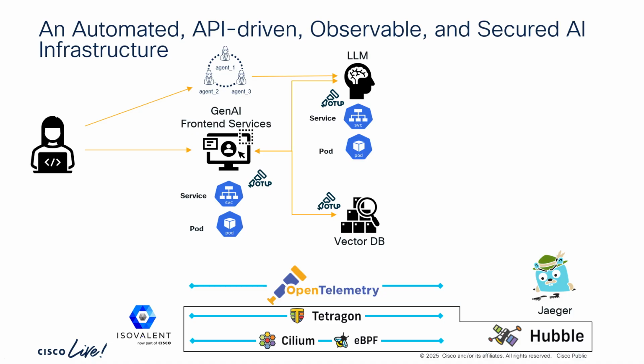And so when we take a look at some of these things as they manifest into a common architecture, you may have users or additional services that are communicating with your GenAI-oriented services. So it could be your help desk, whatever your chatbot looks like. It could be that you have agents that are talking to another company's agents.